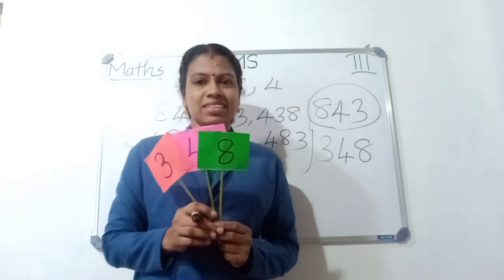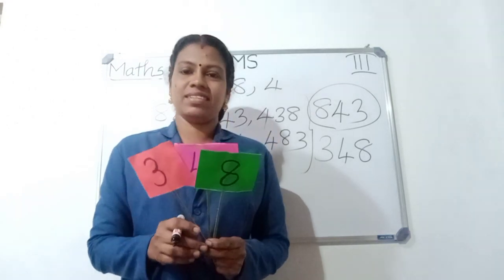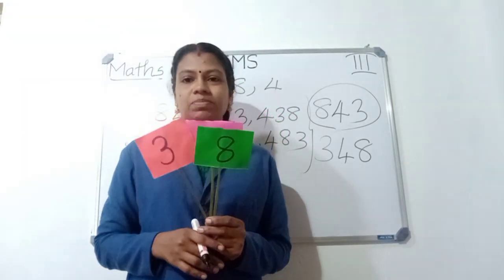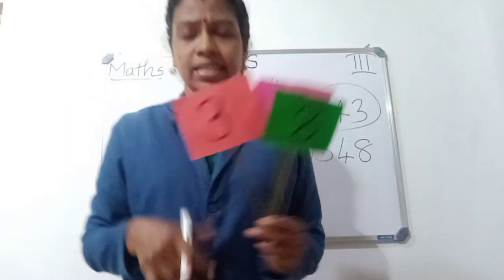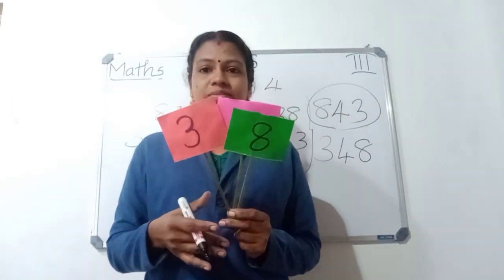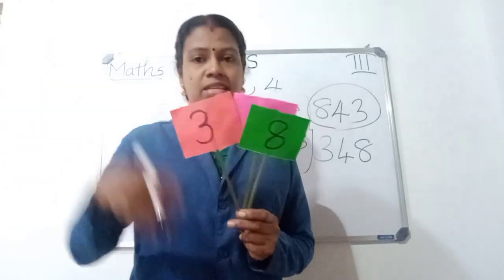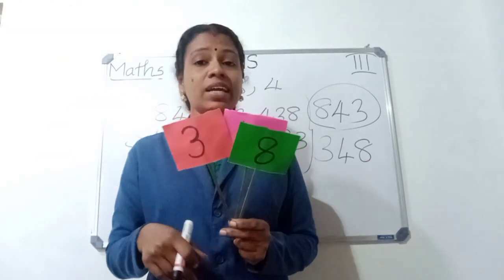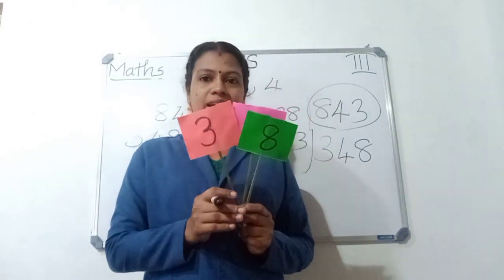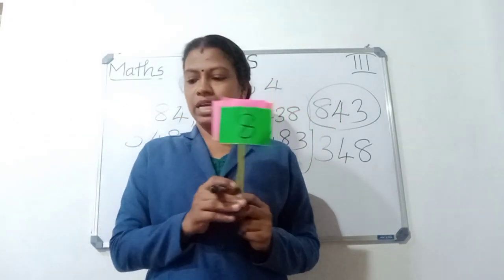Correct? Is it easy? Yes. It is very easy to write the biggest and smallest number. Just arrange the digits in descending order, which gives the biggest number. Ascending order gives the smallest number. Okay, clear?